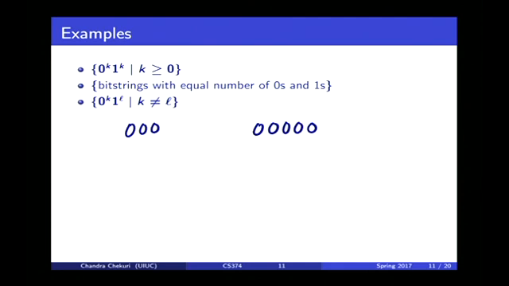Yeah, so if I give you 3 zeros and I give you 5 zeros, why are they distinguishable with respect to this language? I can give you 3 ones here, right? That's a suffix. Now, this should not be in the language, and this should be in the language.